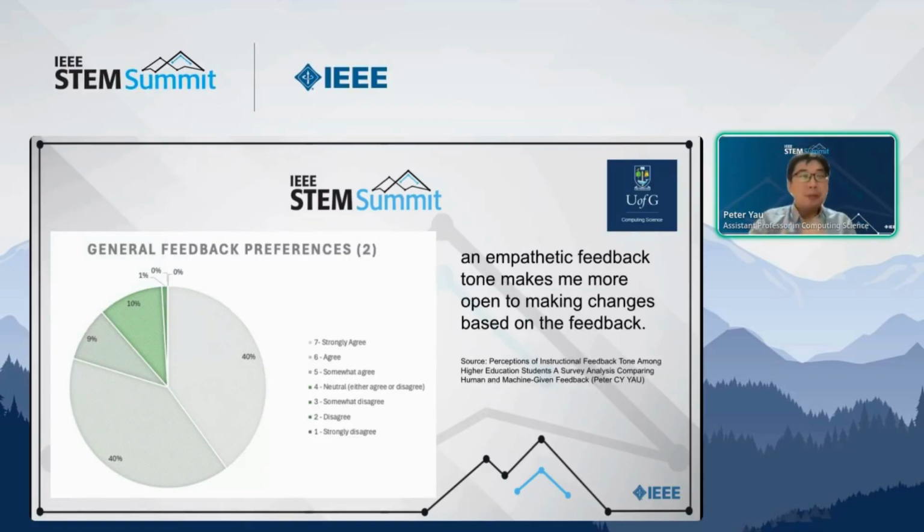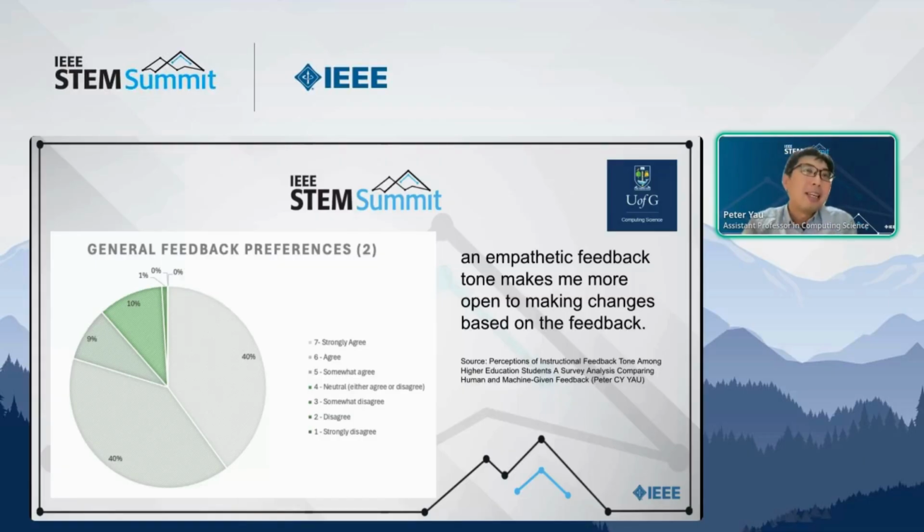And that is question two. For this research I actually have tons of questions; it's 10 to 12 pages long, about 30 questions, and I just highlight two to share with you. The other one is: an empathetic feedback tone makes me more open to making changes based on the feedback.